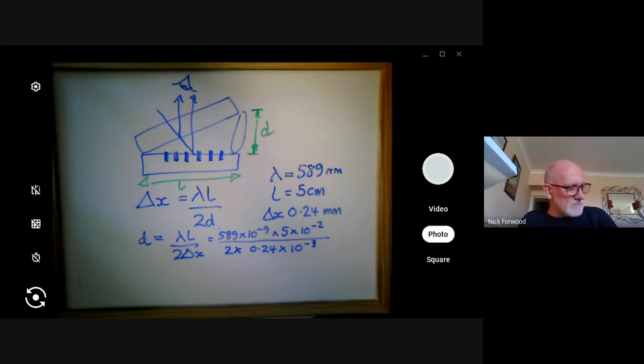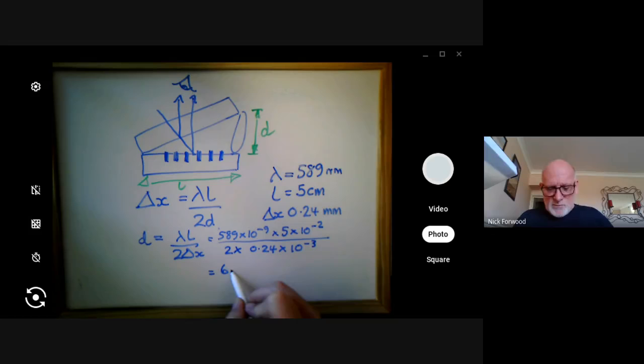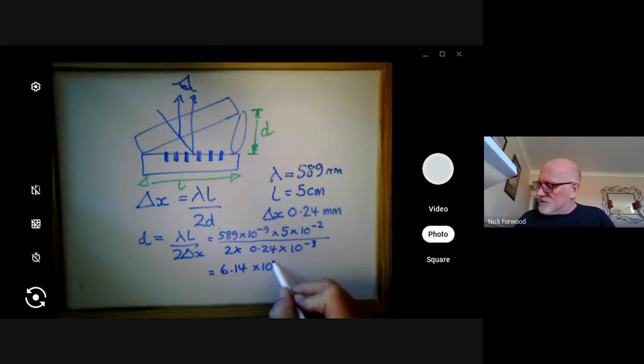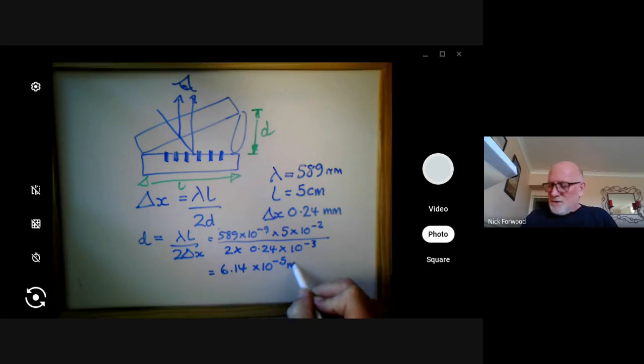I'm not using my calculator. Somebody will get an answer for me. 6.14. Does everybody agree with that? With Thomas? 6.14 times 10 to the negative 5 meters.